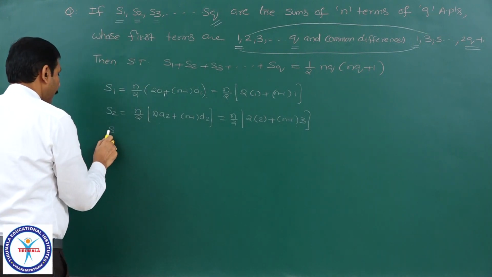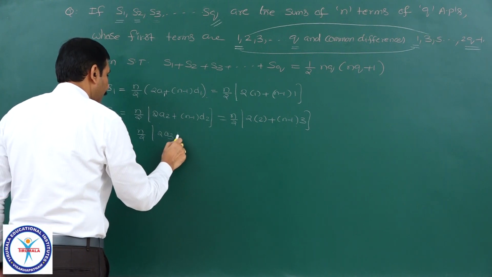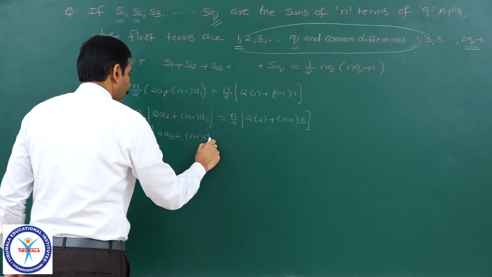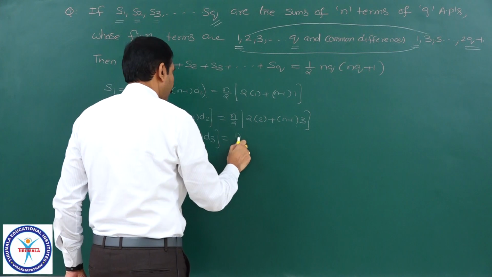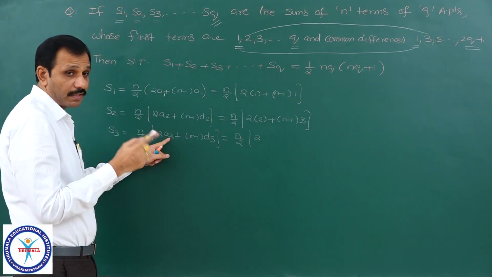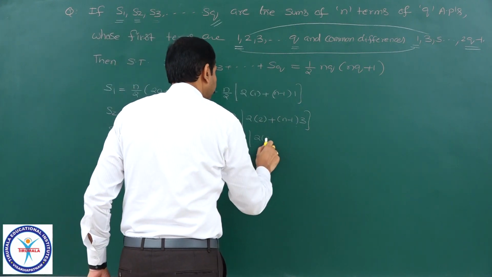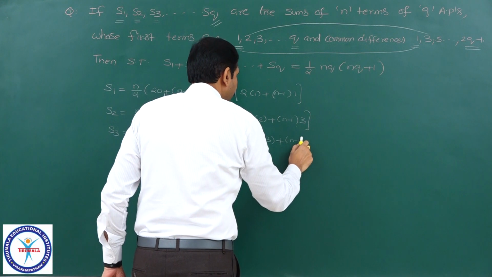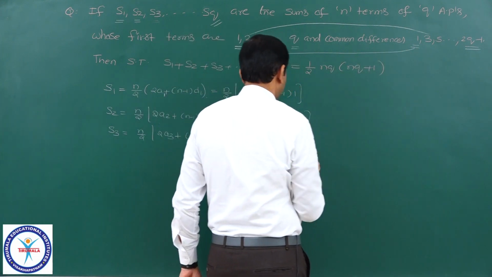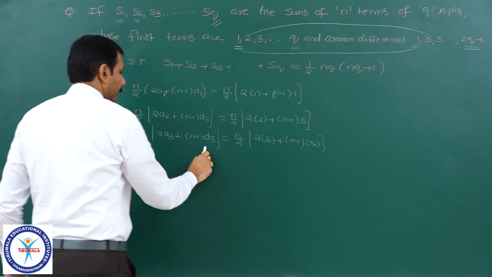And next I will write S3 is equal to n by 2 into 2A3 plus n minus 1 into D3, equal to n by 2 into 2 times A3, the first term of the third AP, which is 3, plus n minus 1 into the common difference of the third AP, which is 5, and so on.